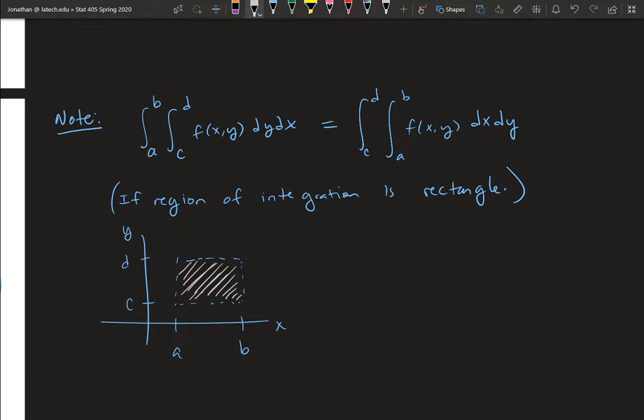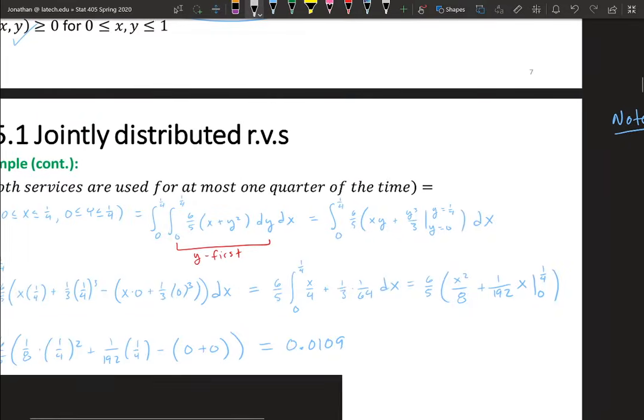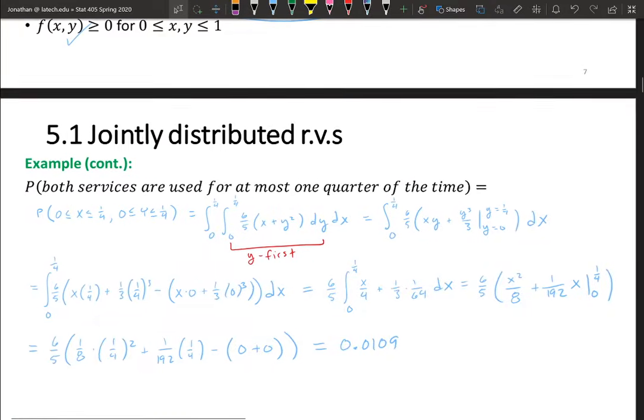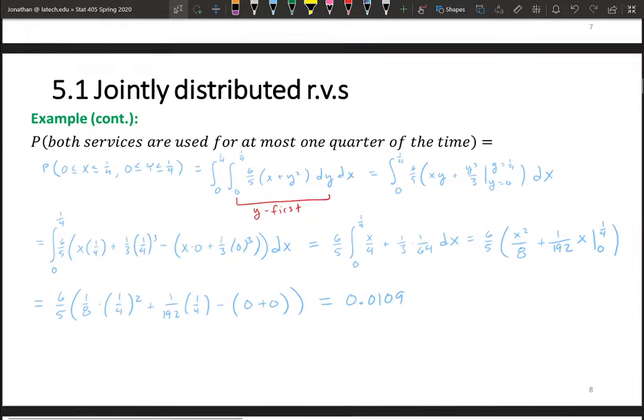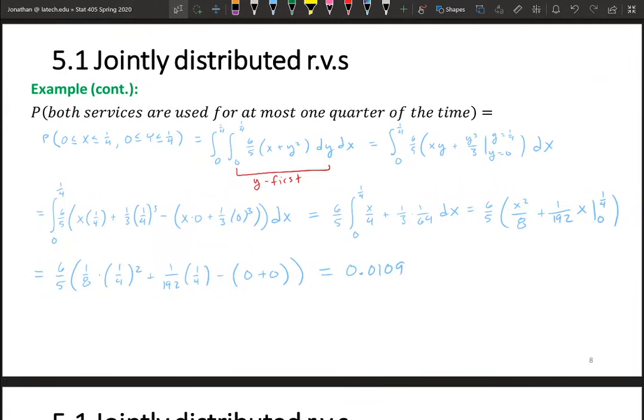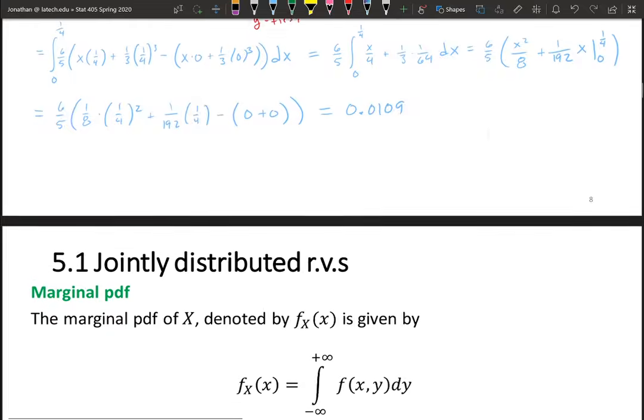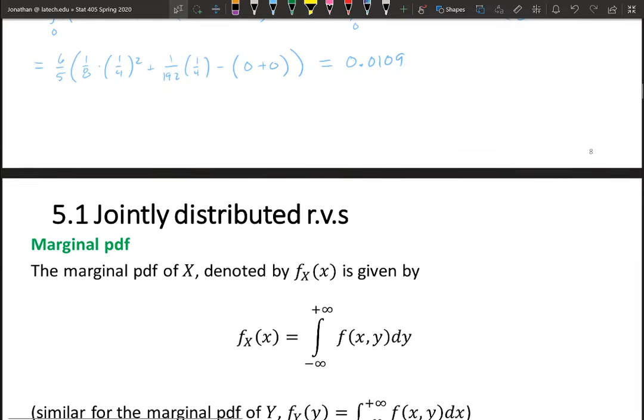Now, if it's not a rectangle, you have to be a little careful and change the bounds accordingly. And I'll post some links to videos that do that. I'm not going to ask you to do that too much. If I ask you to do an integral with non-constant bounds, I'll probably just have you do it without changing the order. All right, cool. Questions? Good question.